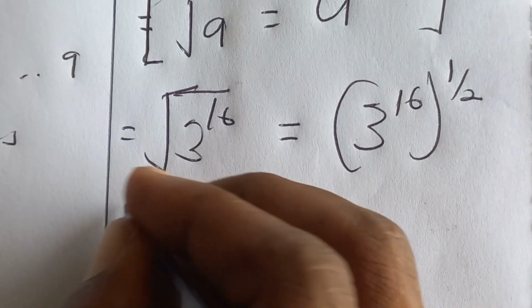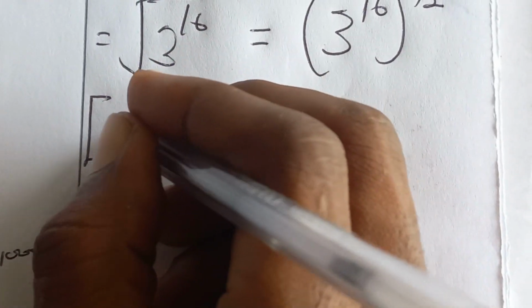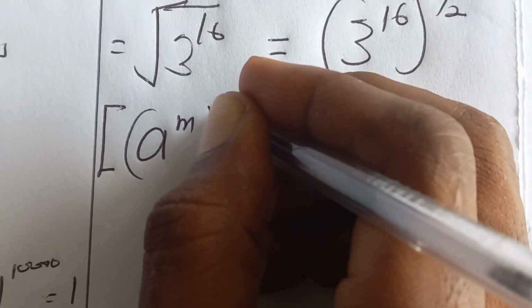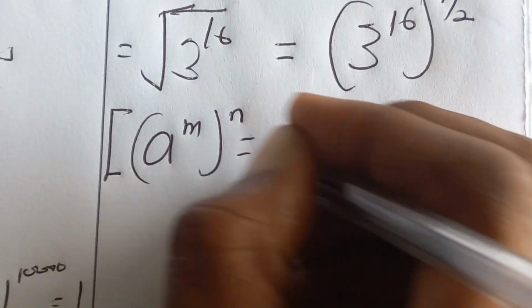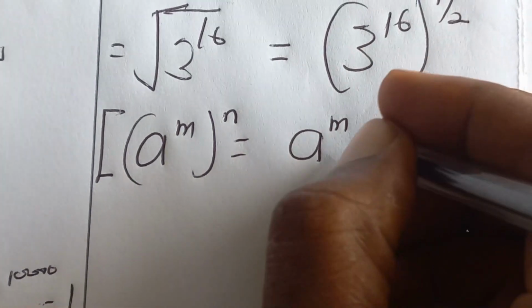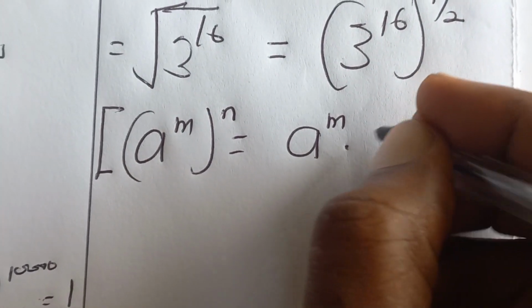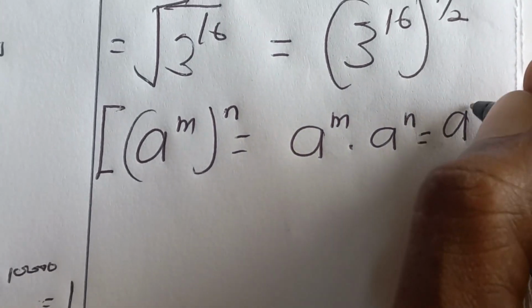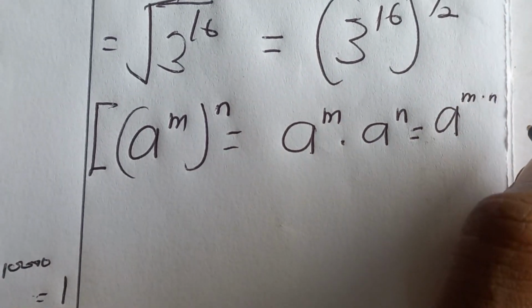And also, when we have a exponent m, all exponent n, it is the same as a power m times n.